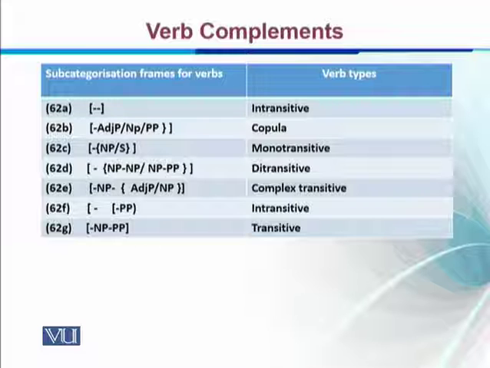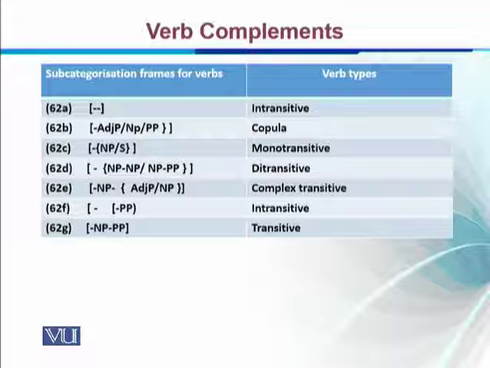So if we sum up all the categories, we can say these are the subcategorization frames for the verb. When there is no noun phrase, adjective phrase, etc., the verb is intransitive. When there is an adjective phrase, a noun phrase, or prepositional phrase, it's a copular verb, like a linking verb.